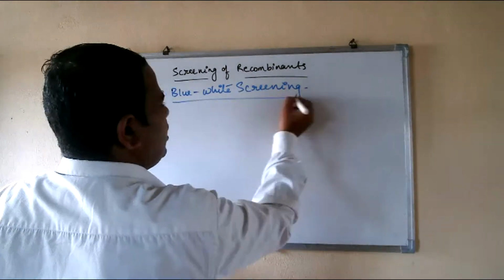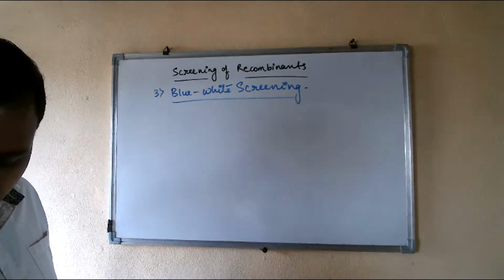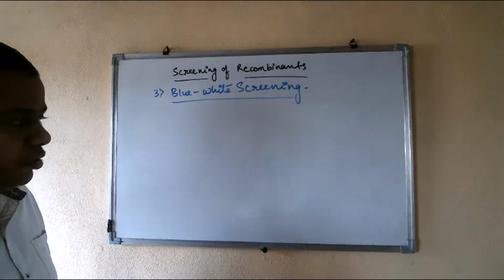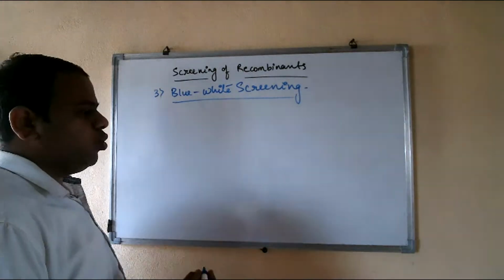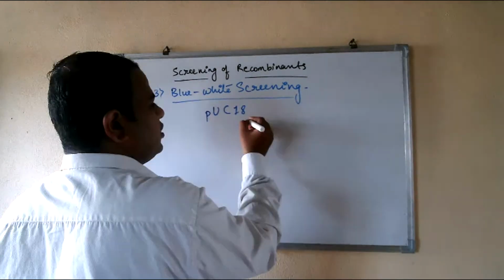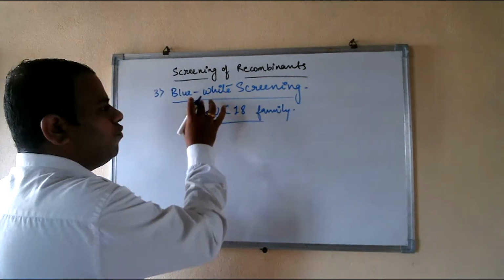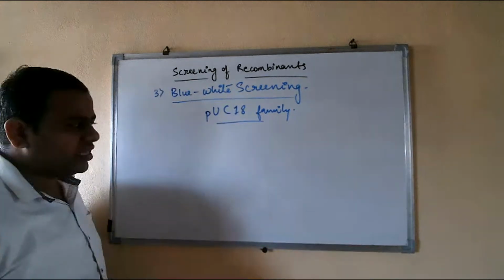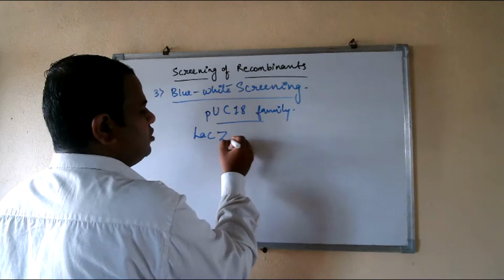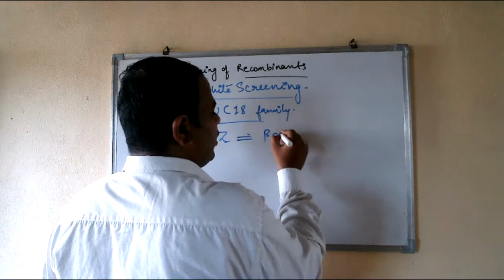Okay, so let's see the next type of screening, that is blue white screening. Okay, so you know this blue white screening is done using the pUC18 plasmid. Okay, so whatever the bacteria in which the pUC18 plasmid or the whole family is used, there you can go for blue white screening. Okay, so blue white screening is based on a particular gene, that is lacZ. This lacZ gene is the particular gene required for beta galactosidase.